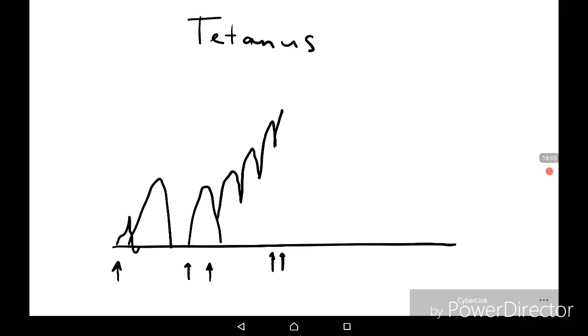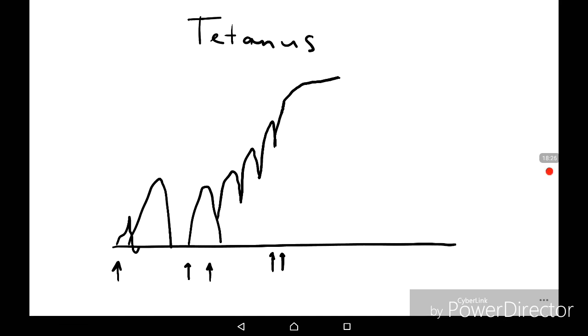Staircase. If we increase the frequency of stimulation in such a manner that the new stimulus will hit when the muscle has not even begun to relax, but is at the shortening phase, we will have the tetanus phase.